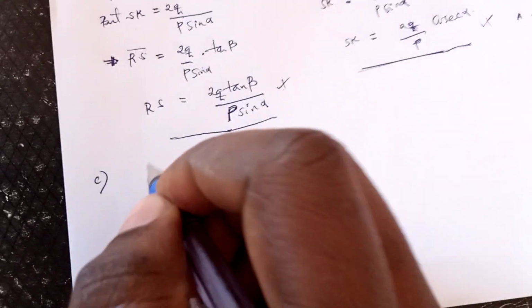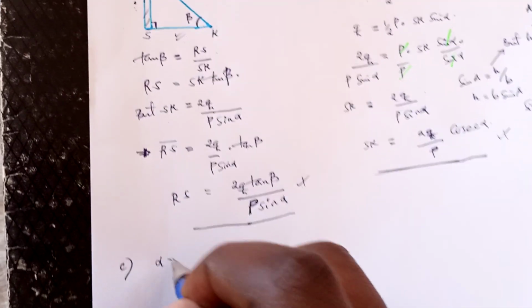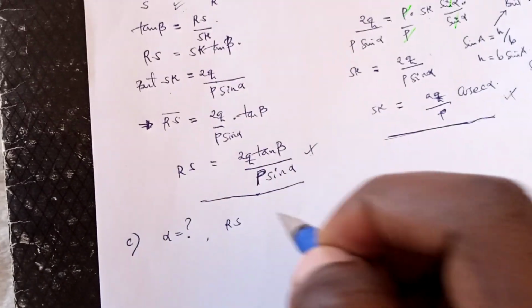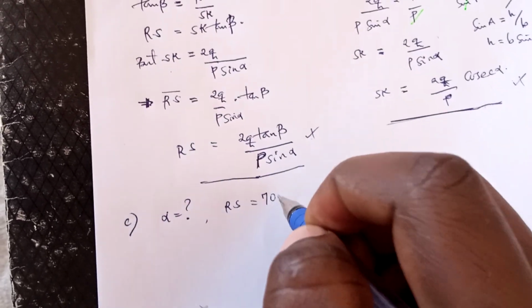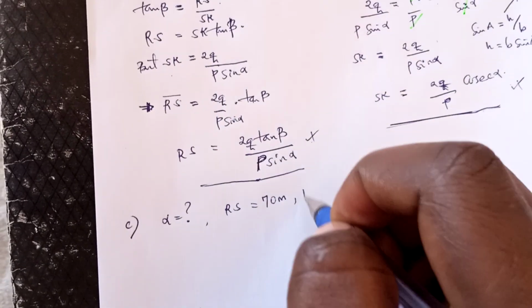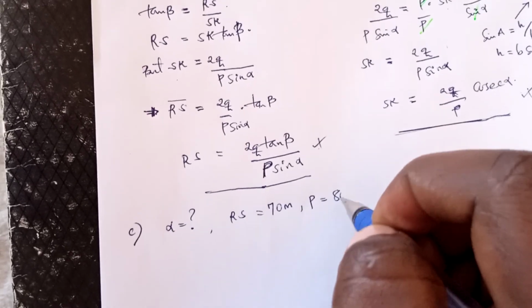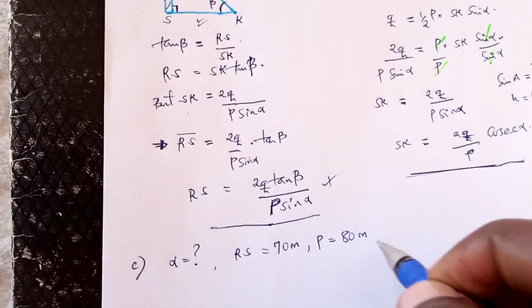So please, don't try to be smart or to outsmart examiners. Okay, so from this, we know that this is what we want. We have RS, this is what is given. RS is 70 meters. P is 80 meters.